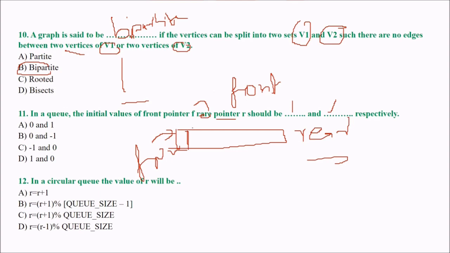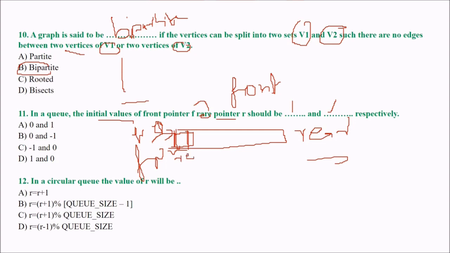In a queue, what happens is that there is no value right now, because this is asking about the initial values of front and rear. So if there is no value, front needs to be 0, and rear should be -1. Front remains front always, but rear is not there.